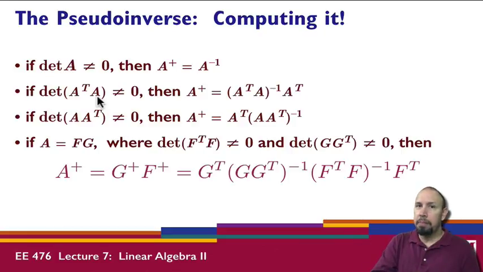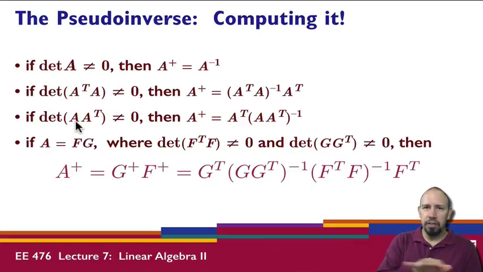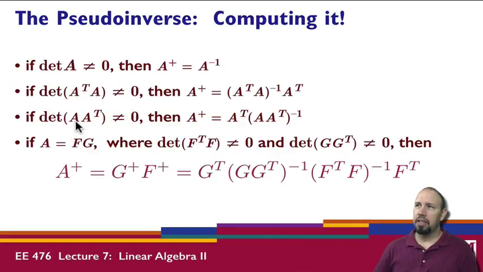The rows may be dependent, but the columns are independent. This one basically says that all the rows are independent. The columns may be dependent, but the rows will be independent. And this one basically says I can take a matrix and have a part of it that has independent columns and a part that has independent rows.